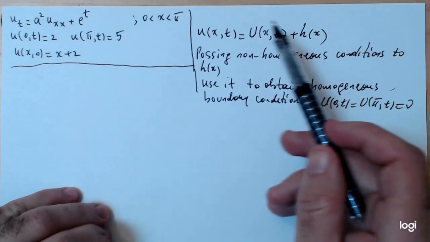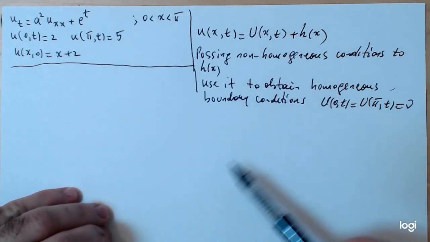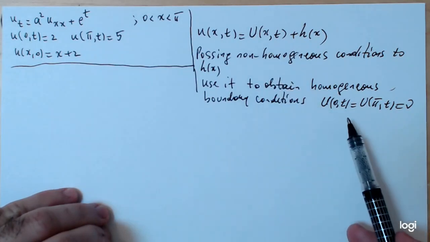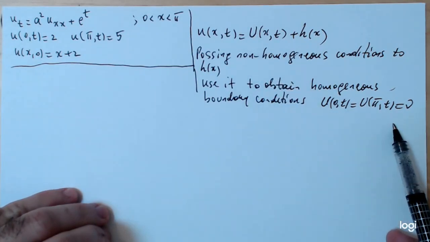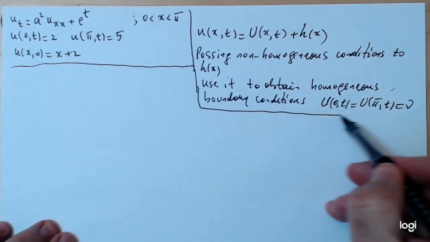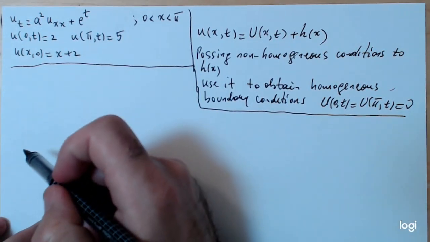All right, so let's do this part first and obtain the equivalent problem in big U, hopefully with homogeneous boundary conditions. This part you should remember because it's familiar from what we covered before the exam too.